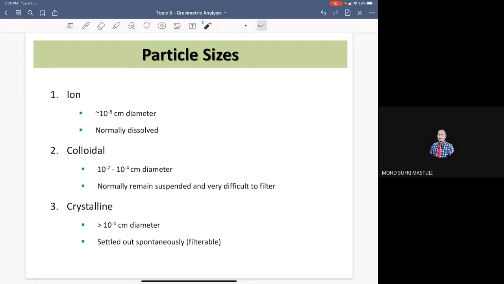It can be ion, or it can be colloidal, or it can be crystalline. These three types of particle size differentiate by the diameter of the particle.